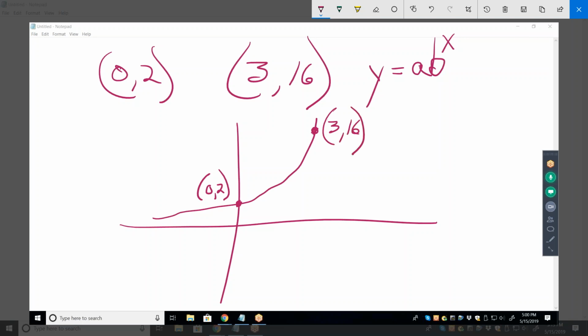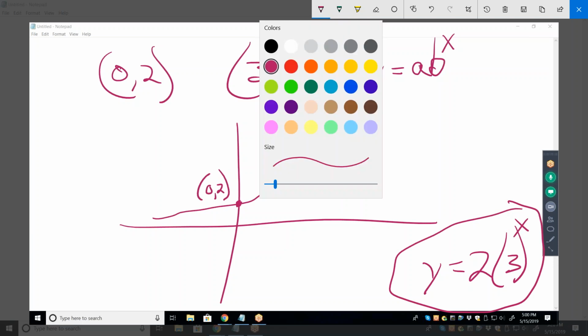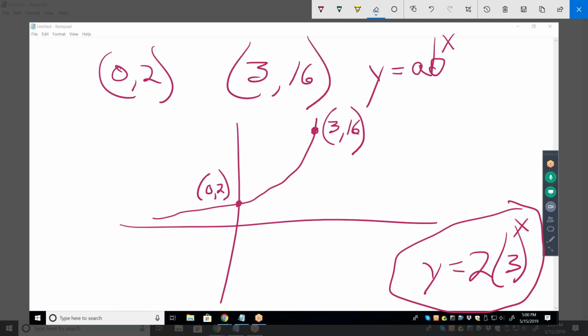What we have to solve for here is A and B. And we will end up with something like y equals 2 times 3 to the x, or something like that. So your final solution, you always still have your y and your x, but the a and the b are specific for this particular exponential function.